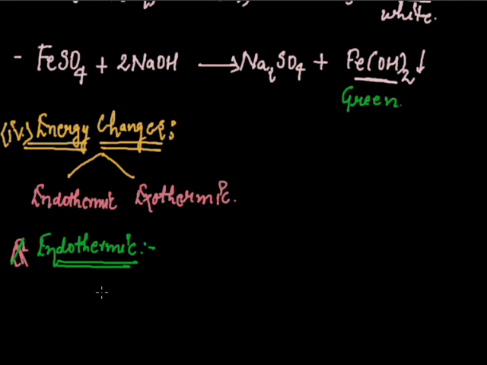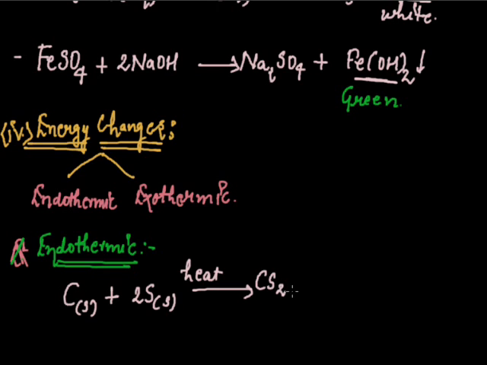Let us see an example. When carbon in solid form reacts with sulfur in solid form, when heated, it forms carbon disulfide.